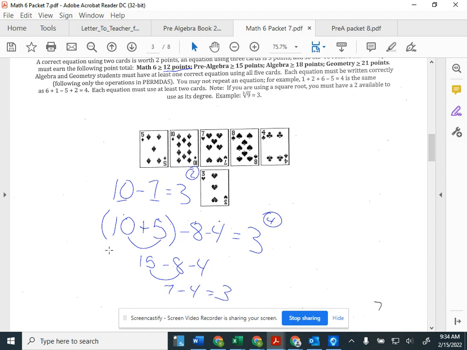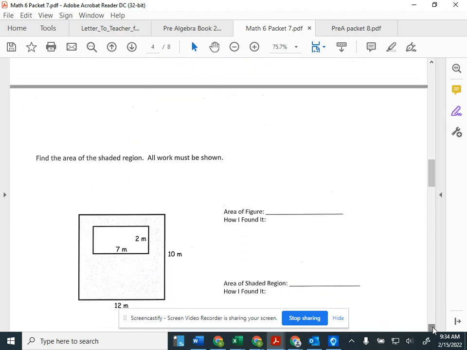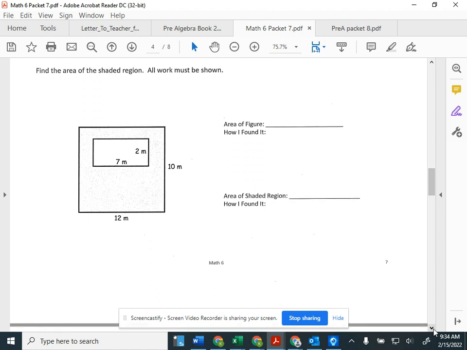All right. Next page. Find the area of the shaded region. All work must be shown. So this is a multi-step problem. Your first step is to find the area of the full figure. So that full figure is this rectangle.